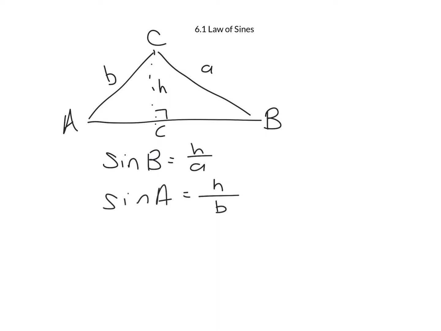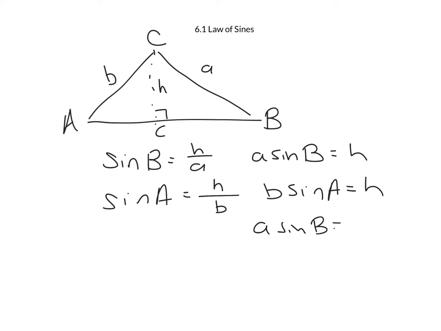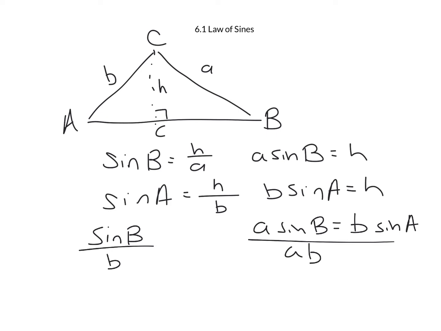If I isolate H in both of those, multiplying to the other side, I get a sine B and b sine A equals H. Since H is going to be equal to both these things, a sine B equals b sine A. I'm going to divide both sides by ab. That gets me sine of B over lowercase b equals sine of A over lowercase a, giving us what the law of sines basically is.